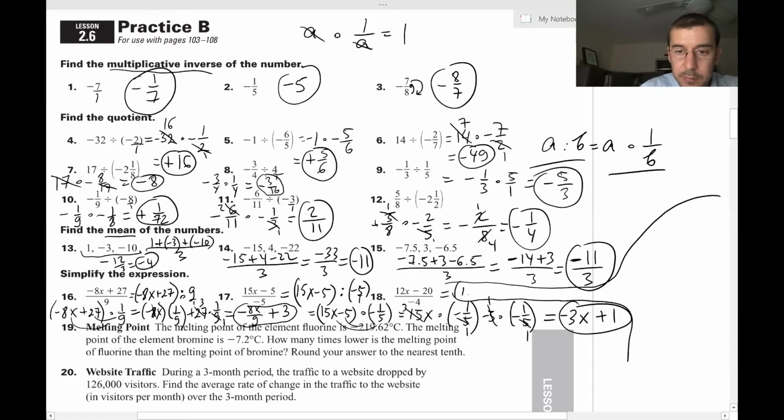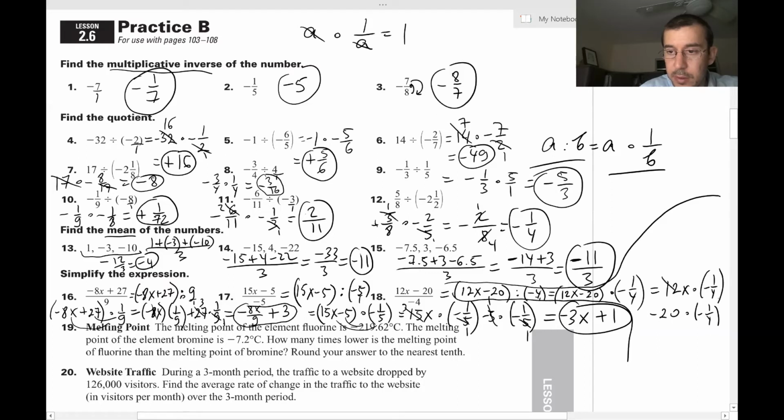We have 12x minus 20 divided by minus 4, or that's the same thing as 12x minus 20 times, this is over 1, so minus 1 over 4. Or that's the same thing as 12x times minus 1 over 4 and minus 20 times minus 1 over 4.